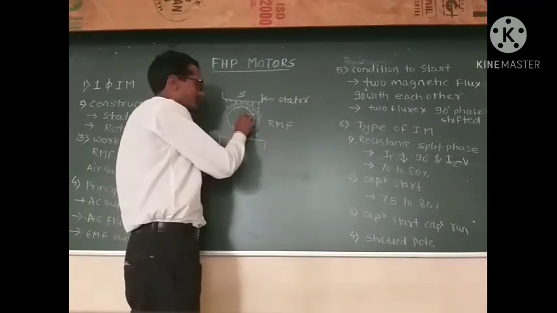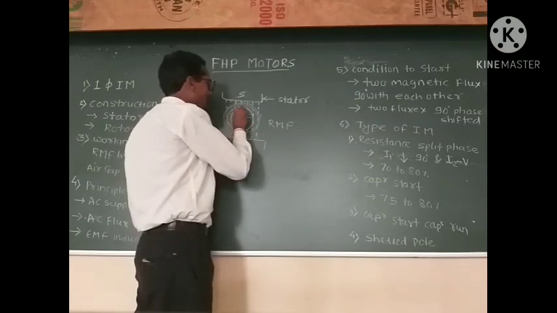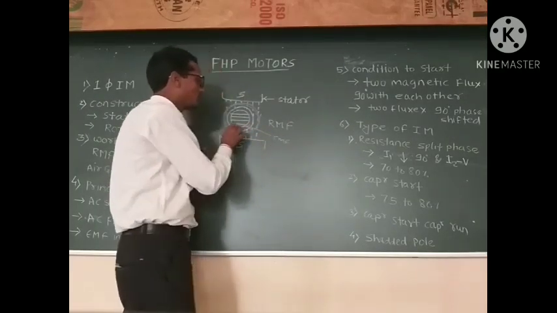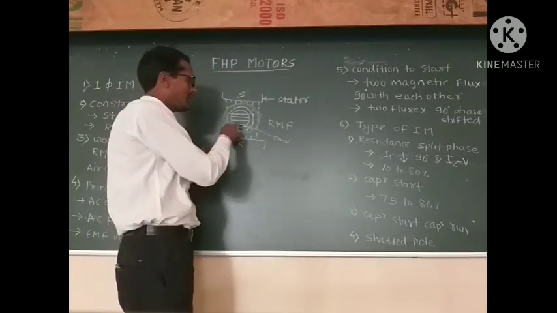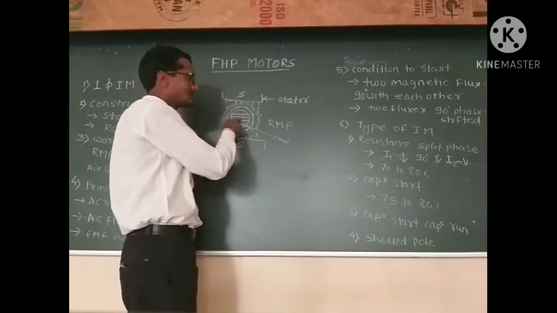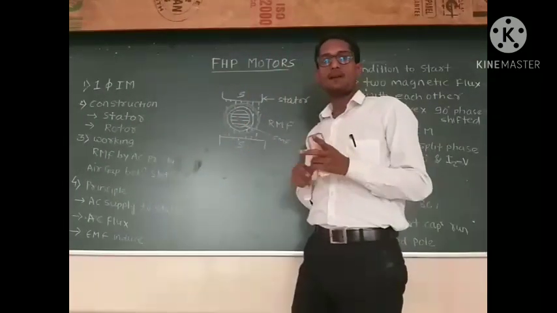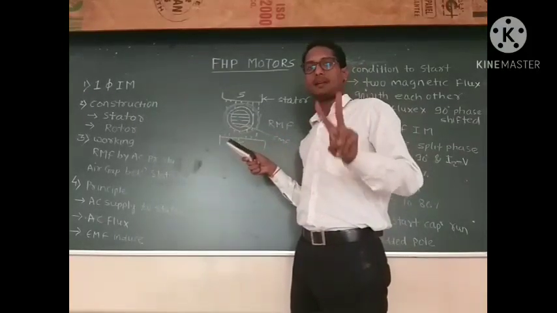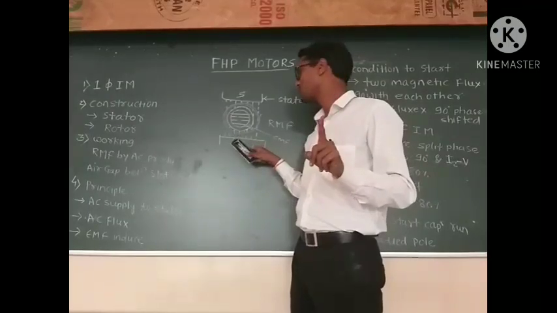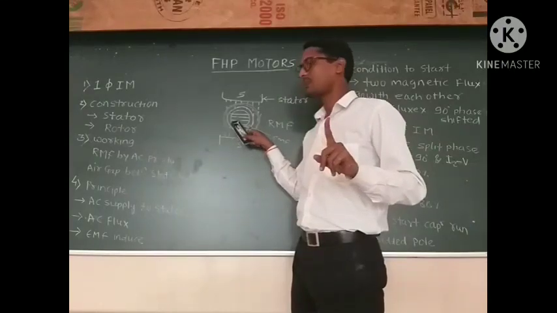Because of this magnetic flux, the rotor conductors generate EMF due to transformer action, and this rotor also induces magnetic flux. So at this point two types of magnetic flux are produced. The first is the main magnetic flux, which is produced by the stator, and the secondary magnetic flux, which is produced by the rotor.